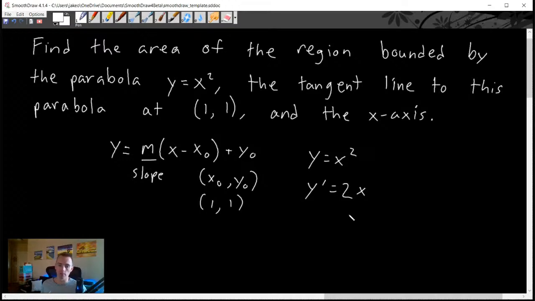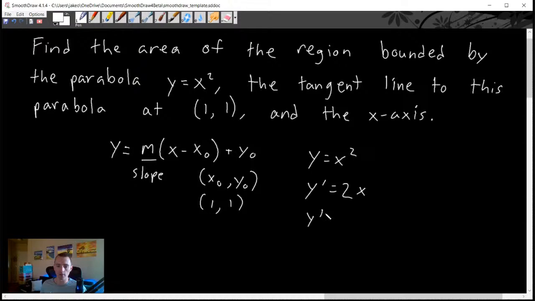But now keep in mind, we need this tangent line to have the slope based on a specific point. We need it to be based on this point right here, 1, 1. So we only want to use our derivative to find the slope of our function at the point where x equals 1. So we want to plug in x equals 1 into our derivative to get the slope of our original function at x equals 1.